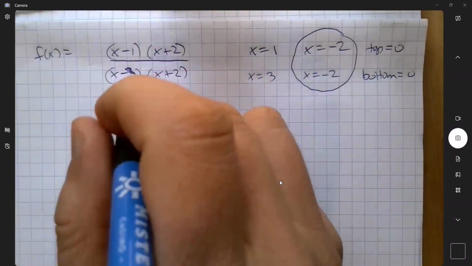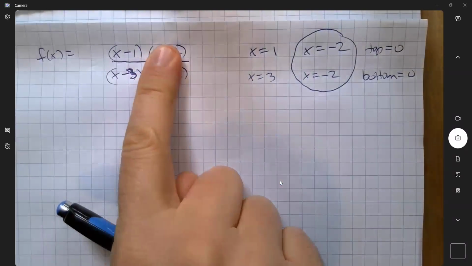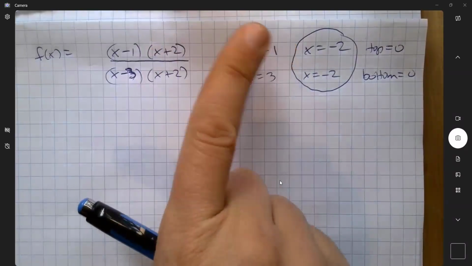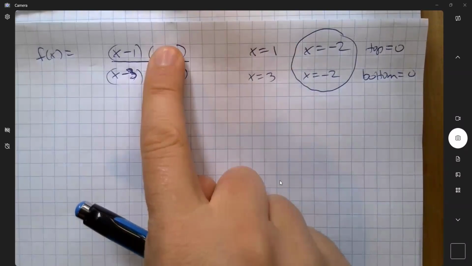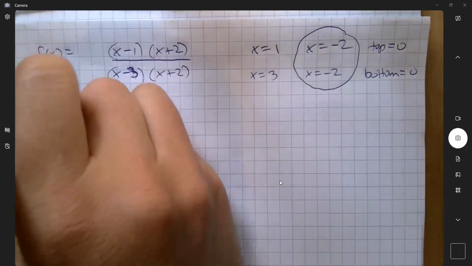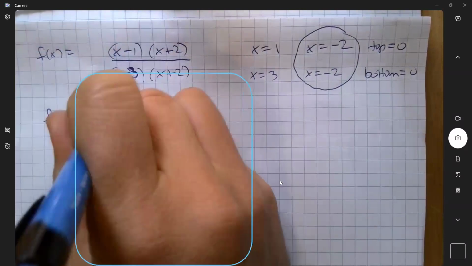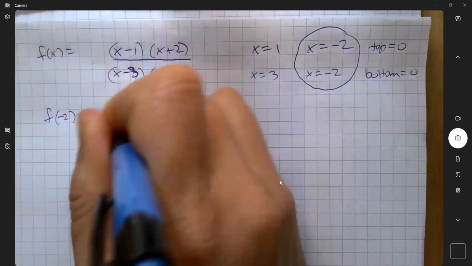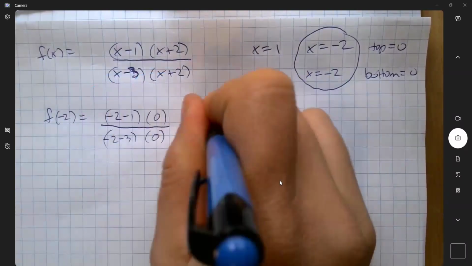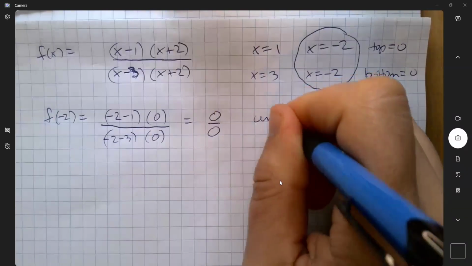If this were arithmetic, we would cancel those terms because they're the same on the top and the bottom. But since this is algebra, we can't cancel them because when x is -2, I have -2 minus 1 times 0 over -2 minus 3 times 0, which is 0 over 0, and that is undefined.